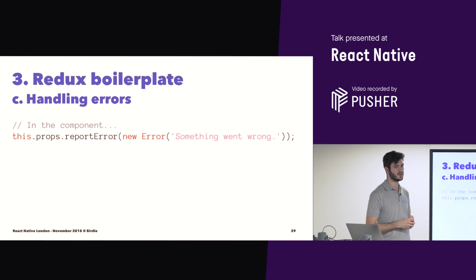Then you have reported an error. And the way you can handle this error is, of course, through Redux middlewares or state reducers. So you can just get those errors and handle them. It could be displaying a snack bar with an error message. It could be sending them to some kind of SaaS debugging tool like Sentry, for example. And that's just a one-liner to report an error.